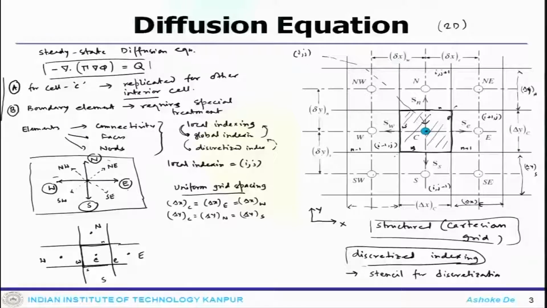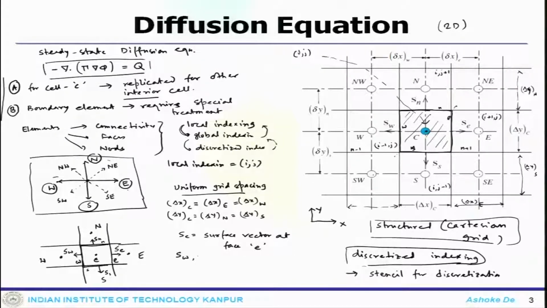And the surface vectors which are there are going to be marked accordingly. The surface vector acting here is marked as Se. So, Se is the surface vector at face e. Similarly, this is Sn, this is Sw, this is Ss.